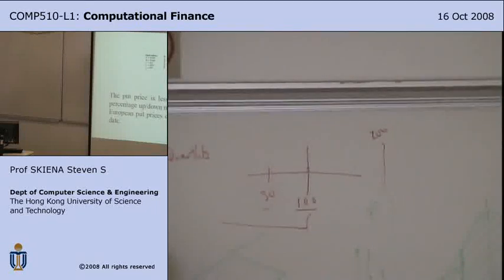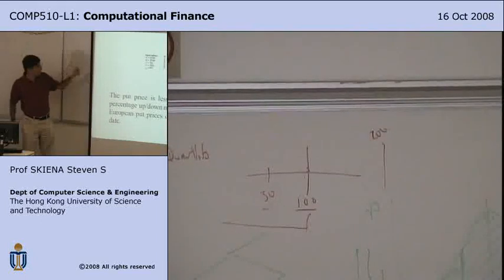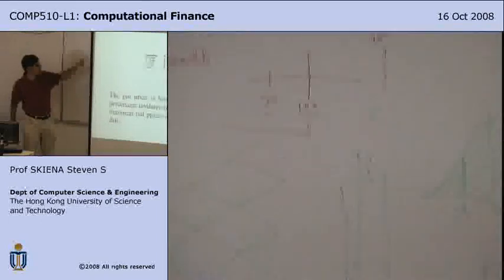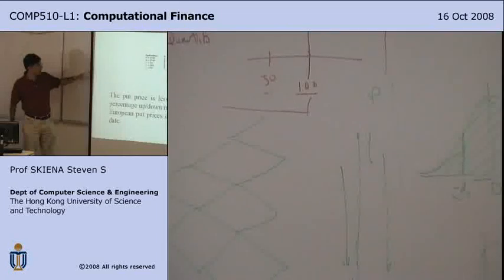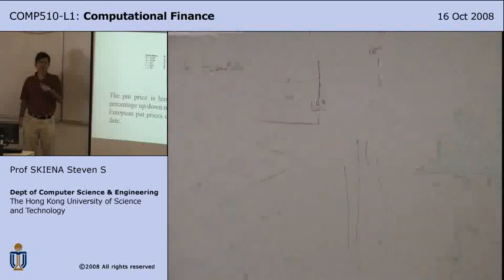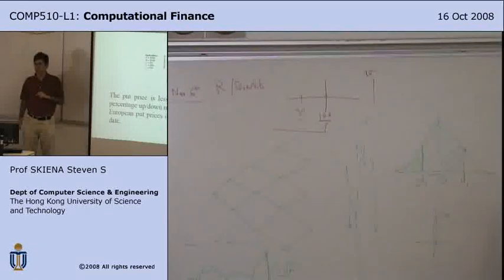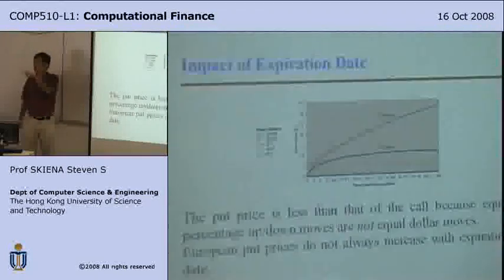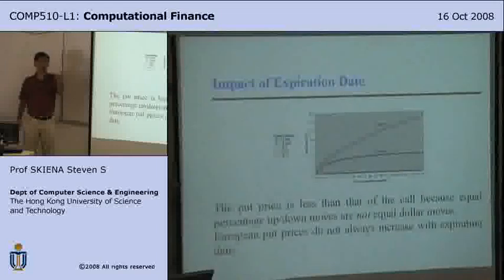The asymmetry here is because there are symmetric percentage movements, but the put and call prices are in terms of dollar movements. Your profits are measured in dollars, not in percentages. Any questions? How many people see that?